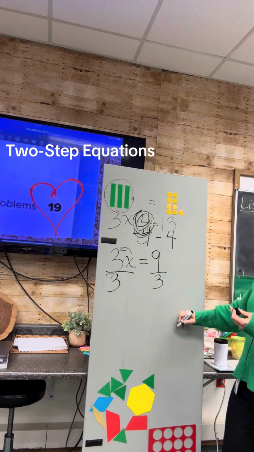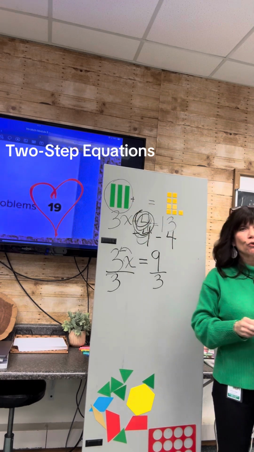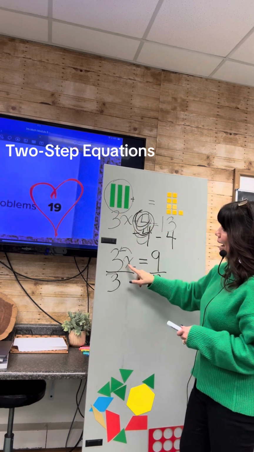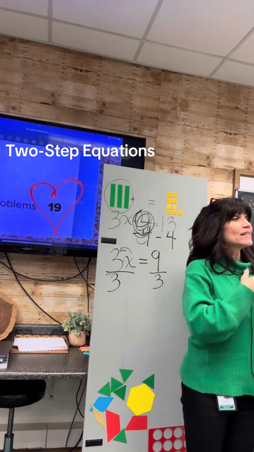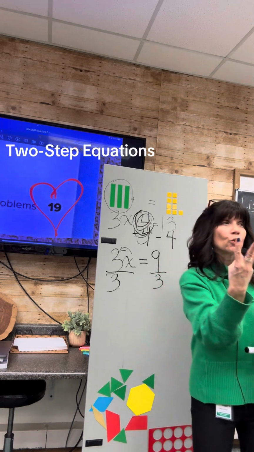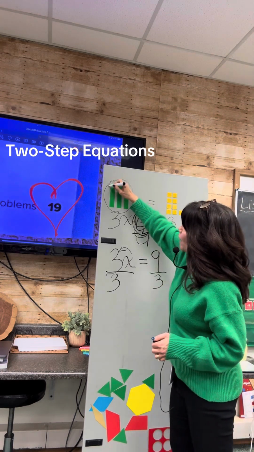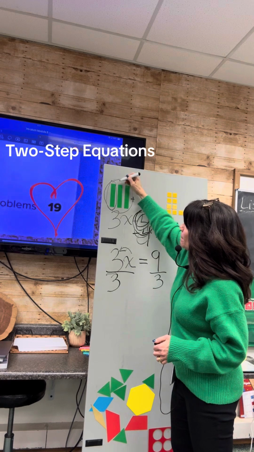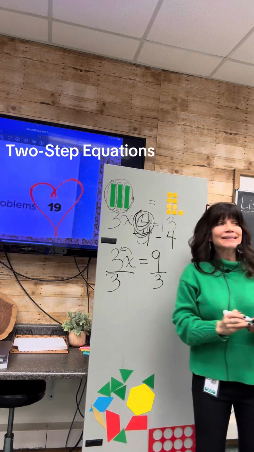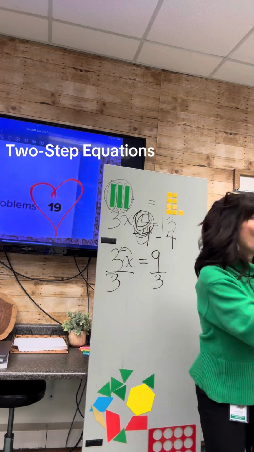Divide by 3. Now, when I go back up to my individual green strips representing 3x, when I do 3x divided by 3, that means split these 3x values into 3 equal size groups. So what would that give me in each group? Class, how many x values are in one group? 1.